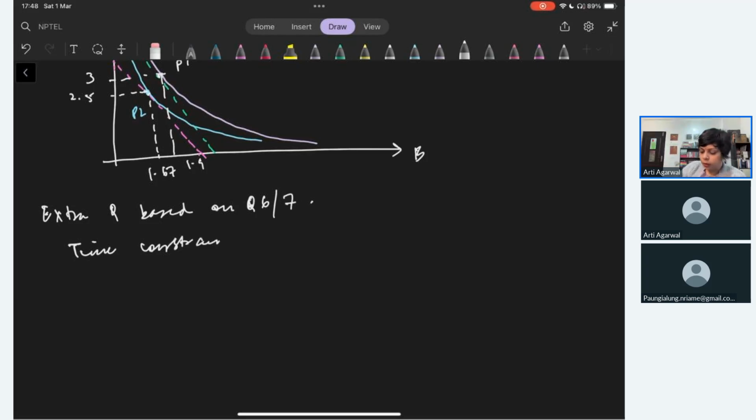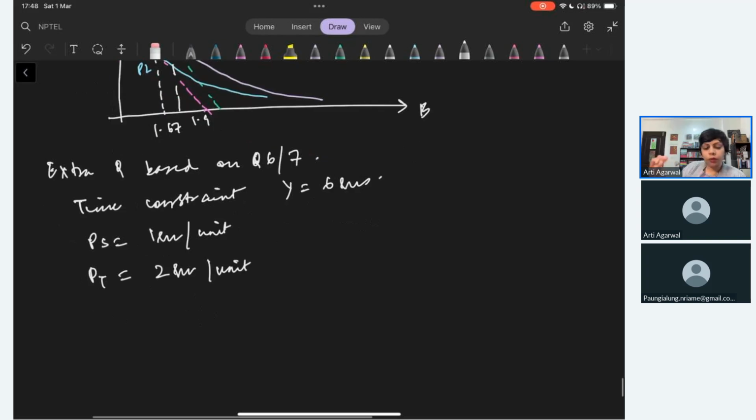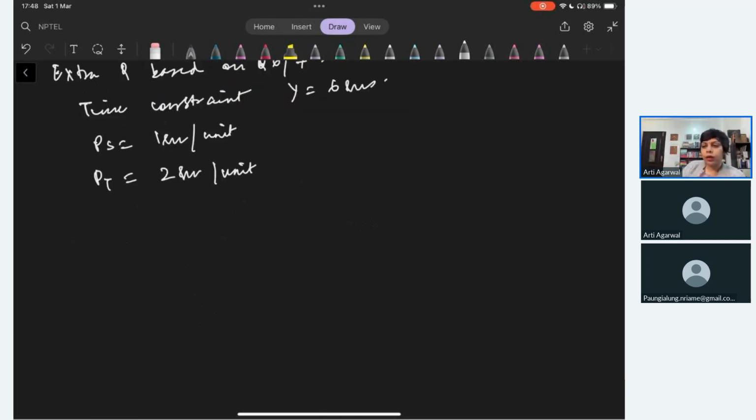Let's say y is equal to 6 hours, and Ps is equal to 1 hour, Pt is equal to 2 hours per unit, whichever way you want to measure that unit, 1 hour of shopping for a certain pair of shoes, or whichever way you want to see it.